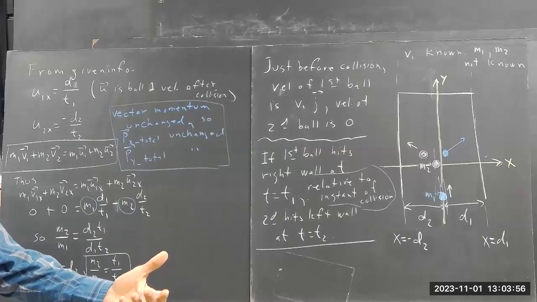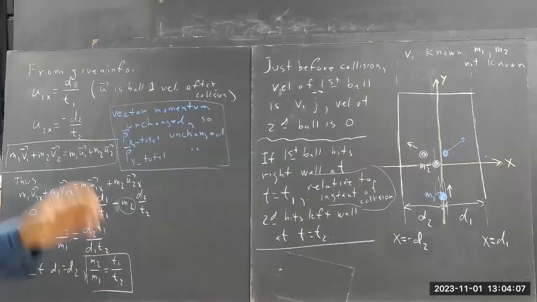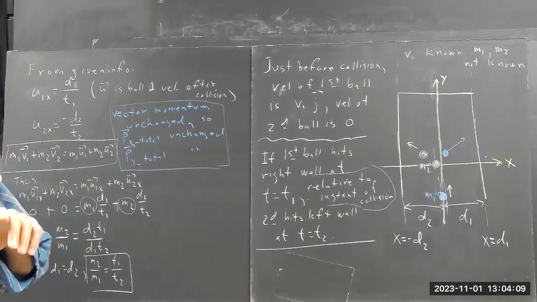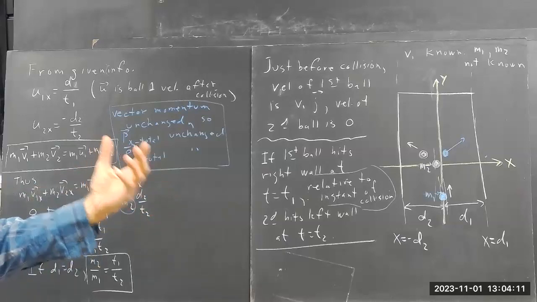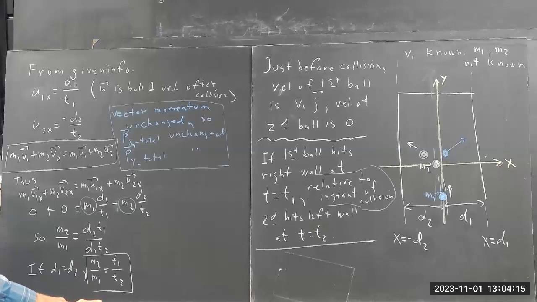Okay, is that clear? If M1 is bigger than M2, T2 is bigger than T1. The ball opposite the more massive ball is going to be the one that hits first. So everything so far is algebraically correct, I think. And I'm particularly confident that the algebra is right because it fits so well with intuition.